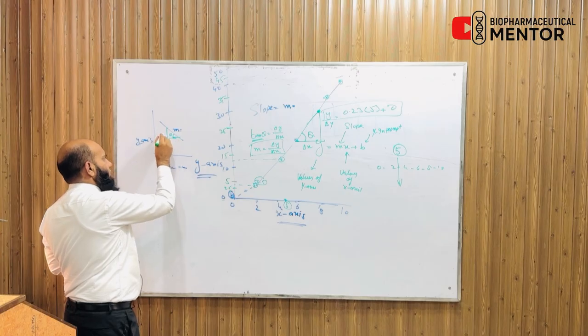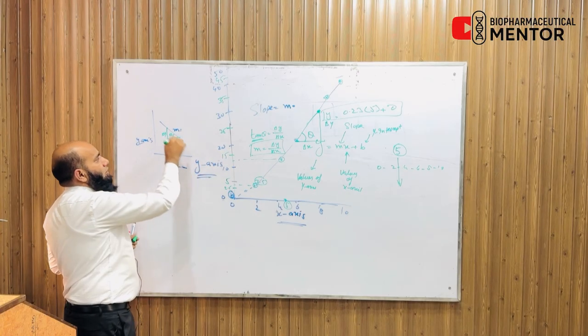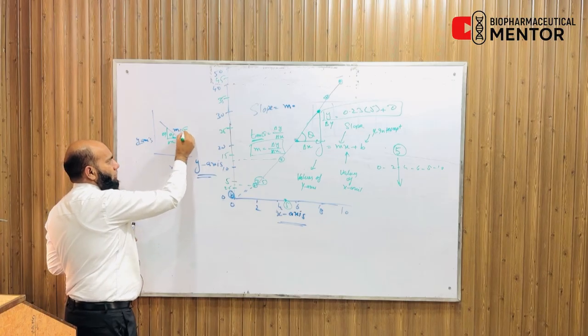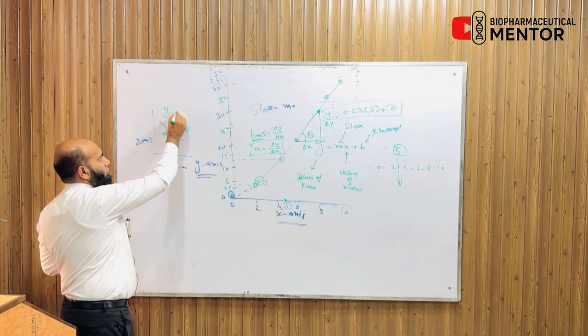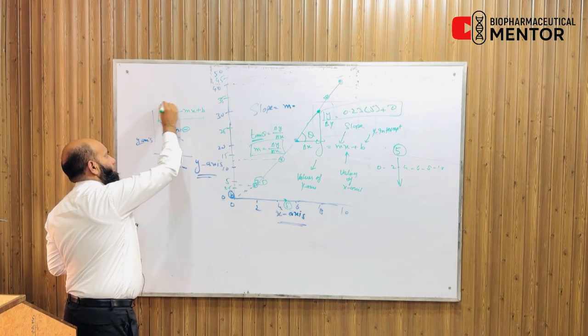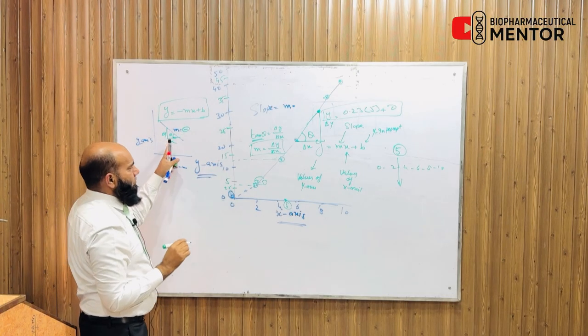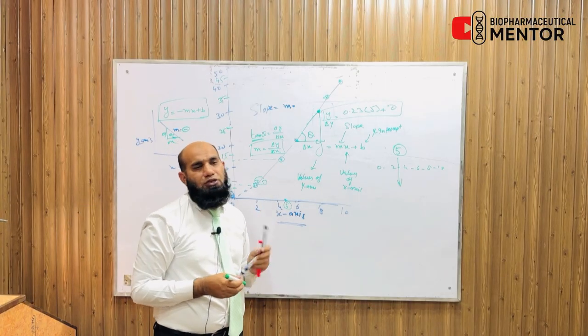Now here is theta, delta y over delta x, similar, copied. But the concept is now our slope would be minus, and our equation would be y is equal to minus mx plus b. So this is a profile of the IV injection, and this is the profile of our linearity curve.